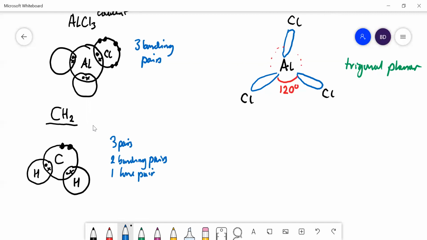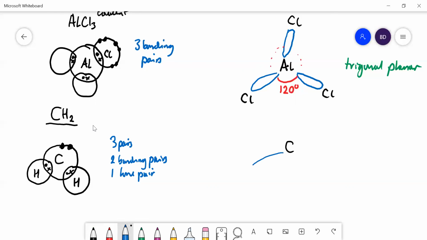So the lone pair causes more repulsion, doesn't it? Because it's a bulbous shape. So we use this as our guide to what it's going to be. Right, we're going to have the carbon there.